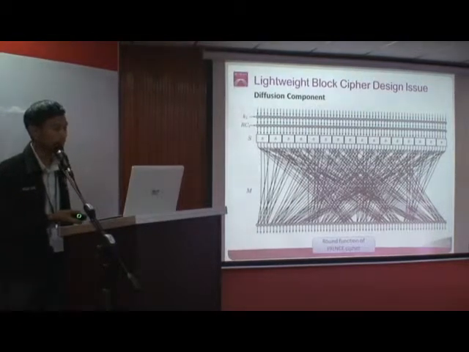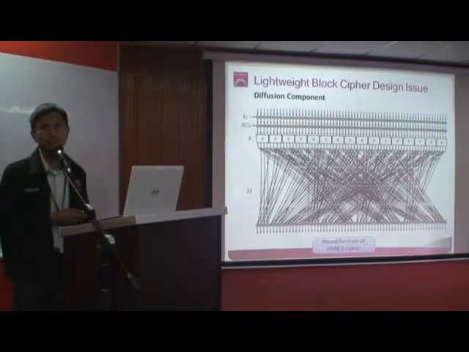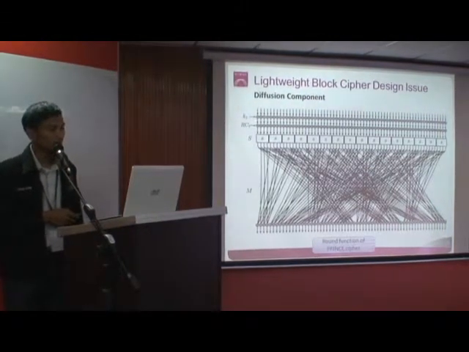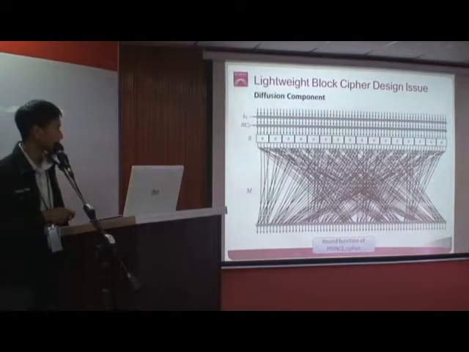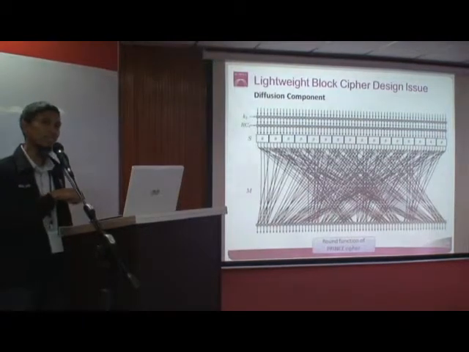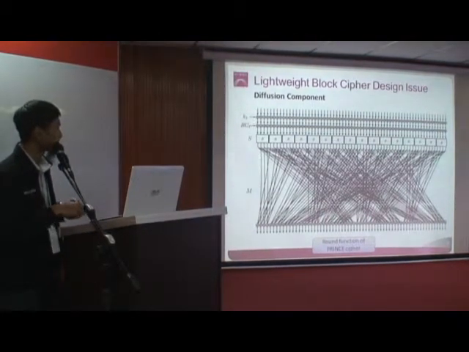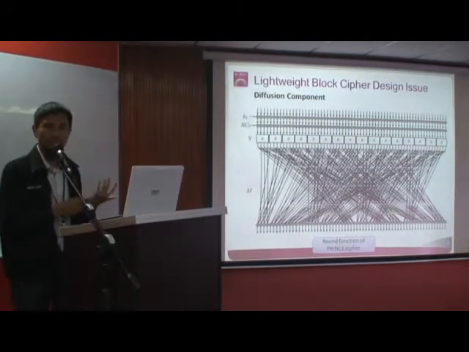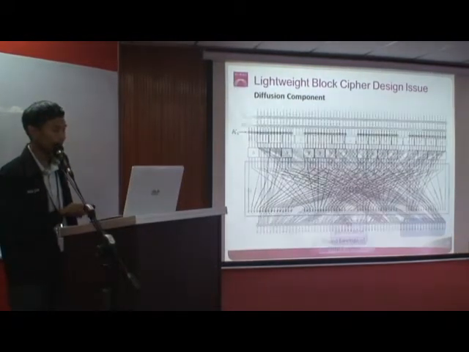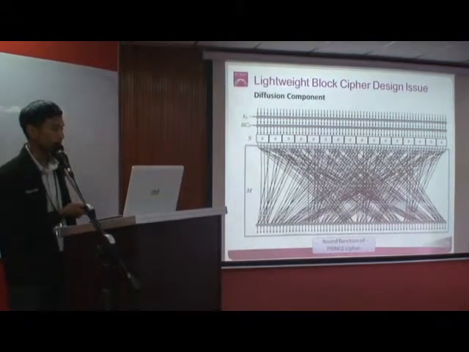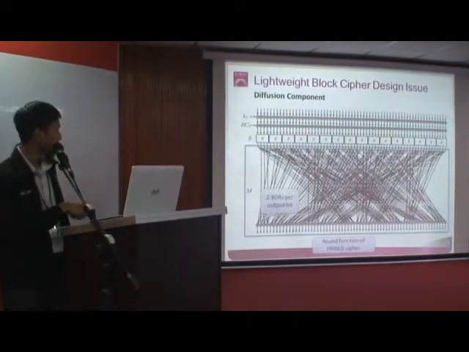This is another example, a round function of the PRINCE block cipher. Can you see where the lines go? Basically, this is a bit more complicated than before. In PRINCE, this is the diffusion part.